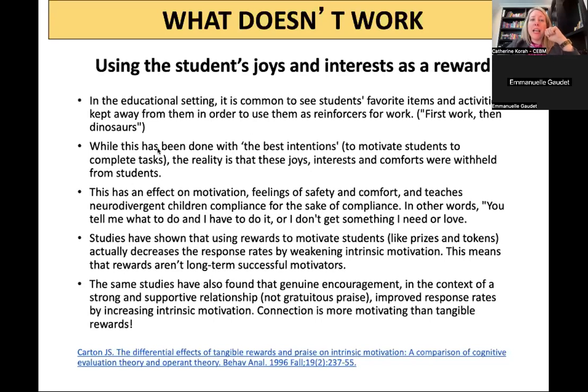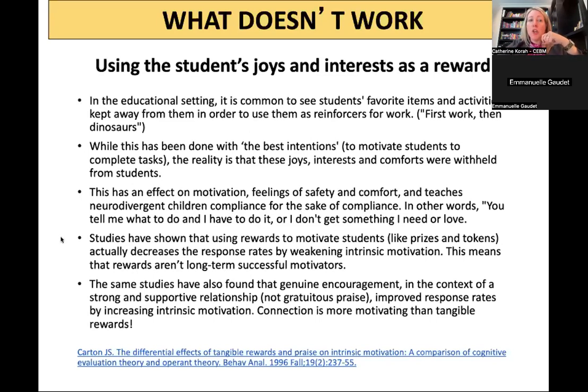And so while this has been done with the best intention to motivate the student to complete the task, the reality is that these joys and interests and comforts were withheld from the student. And so this has an effect on motivation. It has an effect on this feeling of safety and comfort, and it teaches neurodivergent children to show compliance for the sake of compliance.